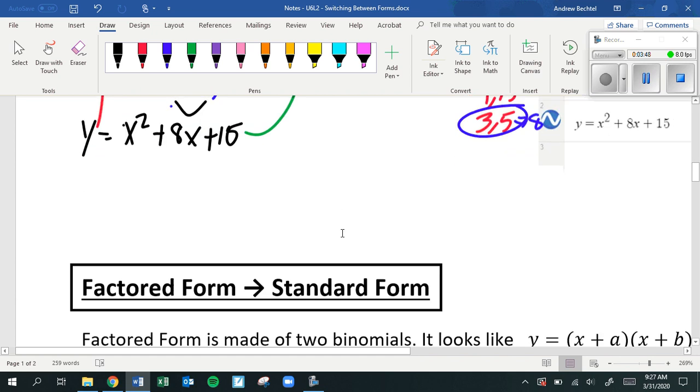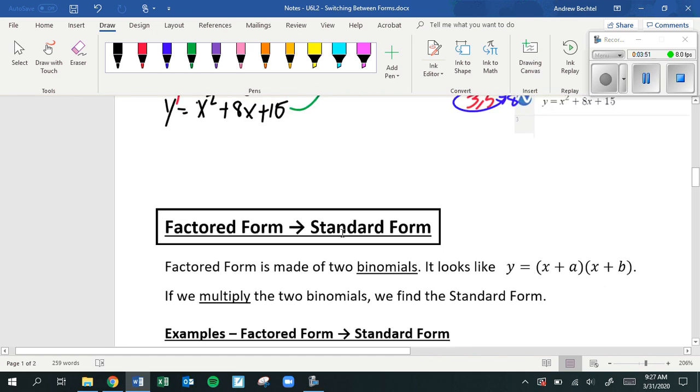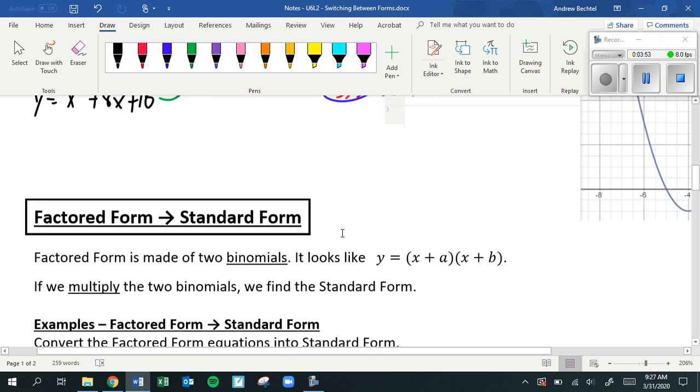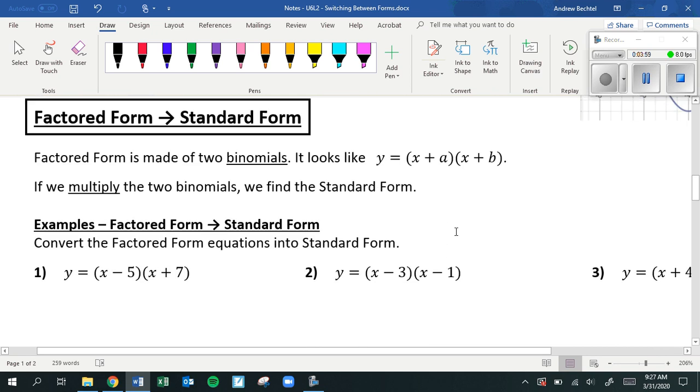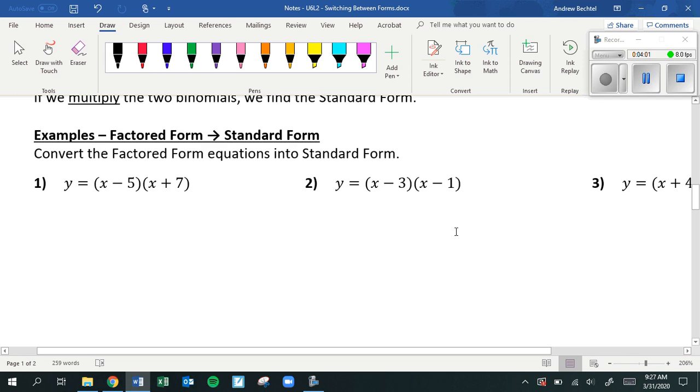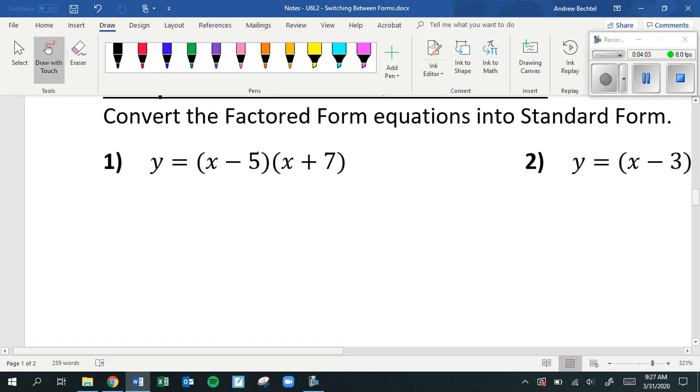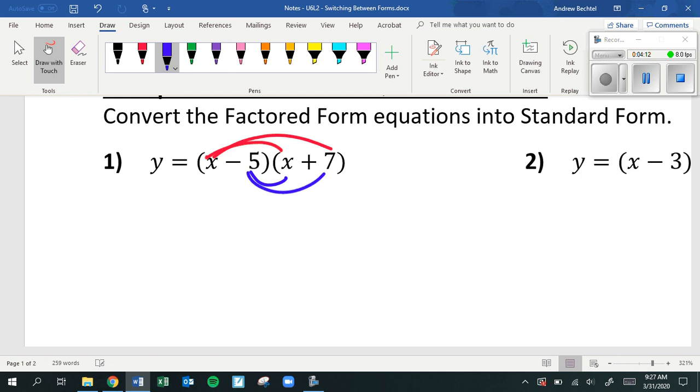Let's start by doing that binomial multiplication. We go from factored form to standard form. Again, factored form has these two binomials. It has two sets of parentheses. In these examples, we're going to convert from one form to the other using that multiplication. So I draw those two lines above from the x, two lines below coming from the 5.